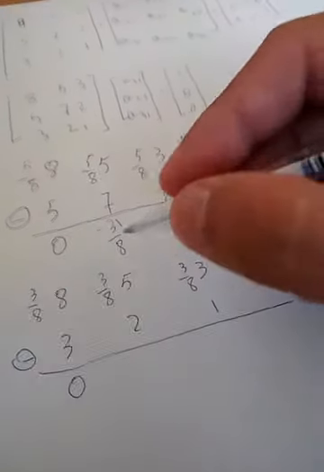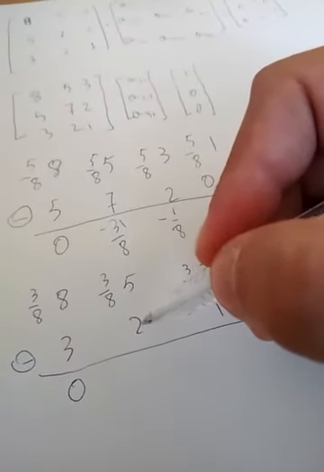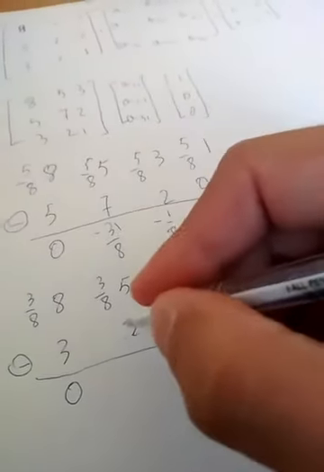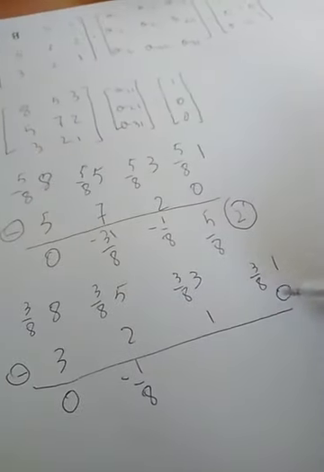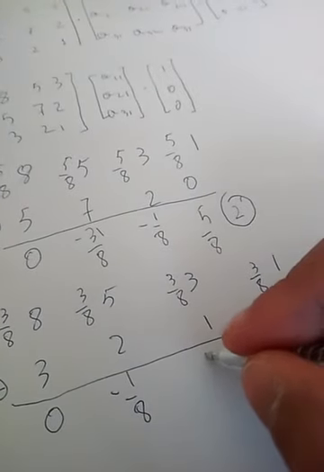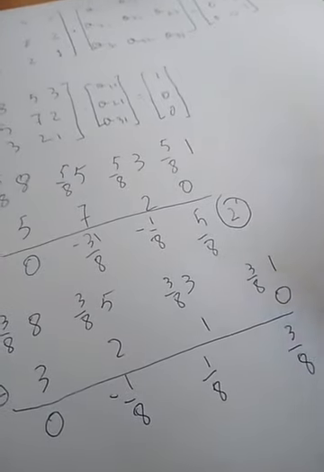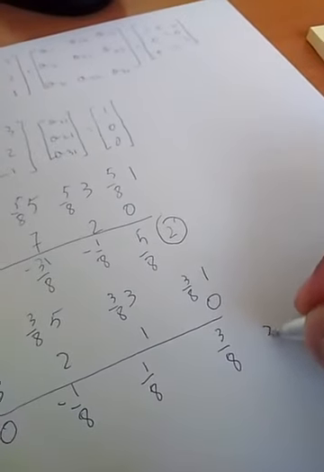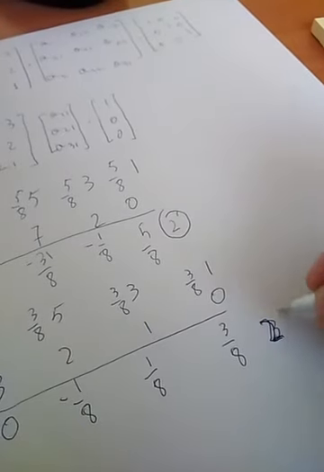This will be 3 times 5 is 15 minus 16, so minus 1 over 8. This will be 3 times 3, 9, minus 8 is 1 over 8, and this will give us 3 over 8. We call this 2 double prime.